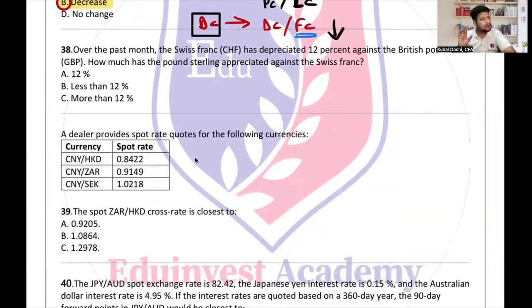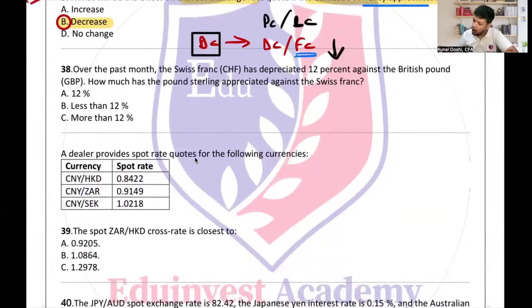This next question is one of my favorites. Over the past month, the Swiss franc has depreciated against the British pound by 12%. 12% means, let's say from 100, it went to 88, right? From 100, when something falls by 12 percent, it goes to 88. Imagine that. Which rate?